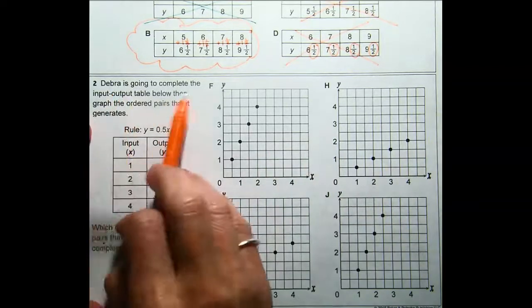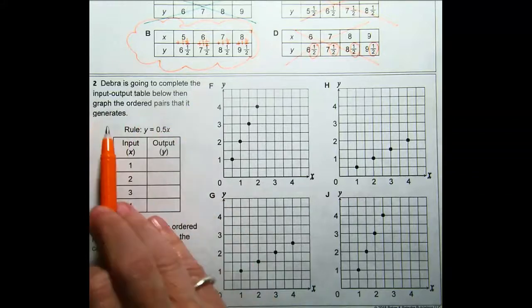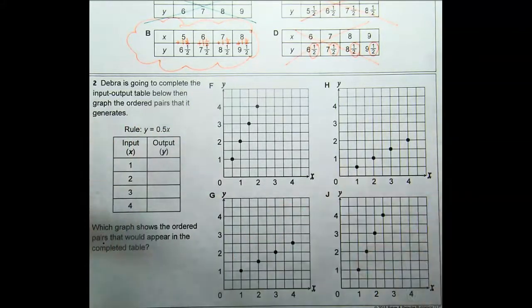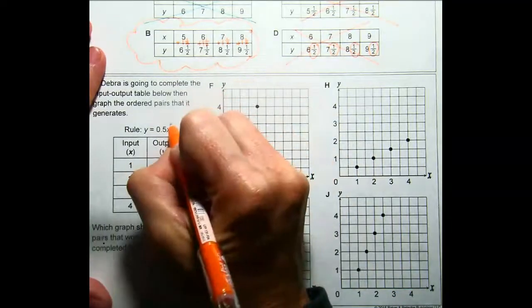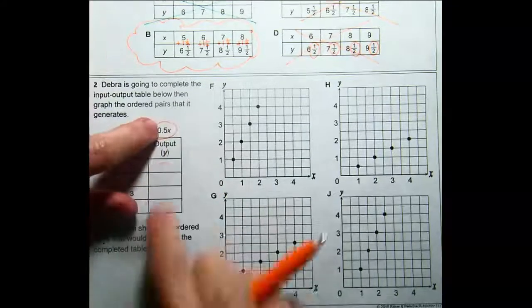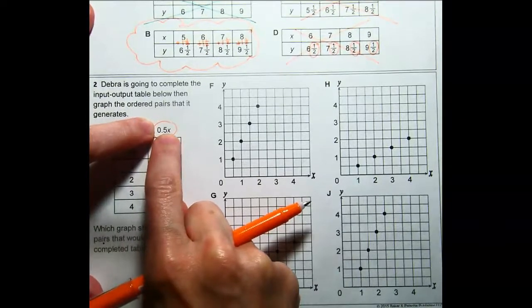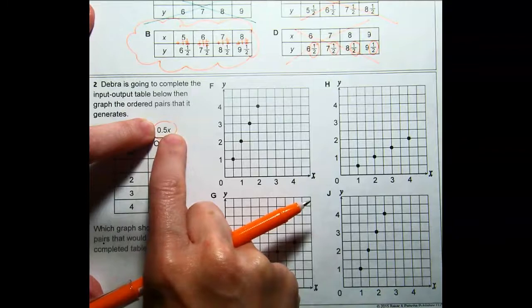Okay, so it says Deborah's going to complete the input-output table below, then graph the ordered pairs that it generates. This is not crazy, but you need to understand how to decode a math problem. Okay, so what this means, and I've said this earlier in other videos, and we've all said it in class, whenever you see a number next to a letter, what that means is we're multiplying this number times whatever this value is.